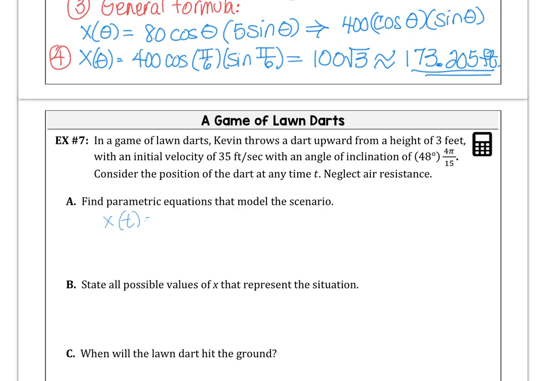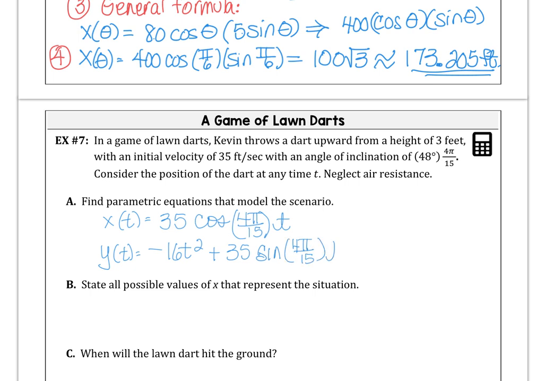X of t is the initial velocity, 35, cosine of 4 pi over 15, or 48 degrees, depending on what you're used to in class. And then y of t in feet would be negative 16t squared plus 35 sine of 4 pi over 15 t plus 3.